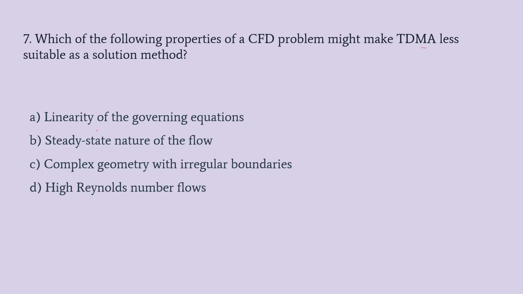Yes, we are coming to that. Let's see about the options. The first option is the linearity of the governing equation. The TDMA method is used for solving systems of linear equations, so it is not a limitation or drawback. And again, the steady state nature of the flow. No, it's not a limitation either, because TDMA works best with steady state problems.